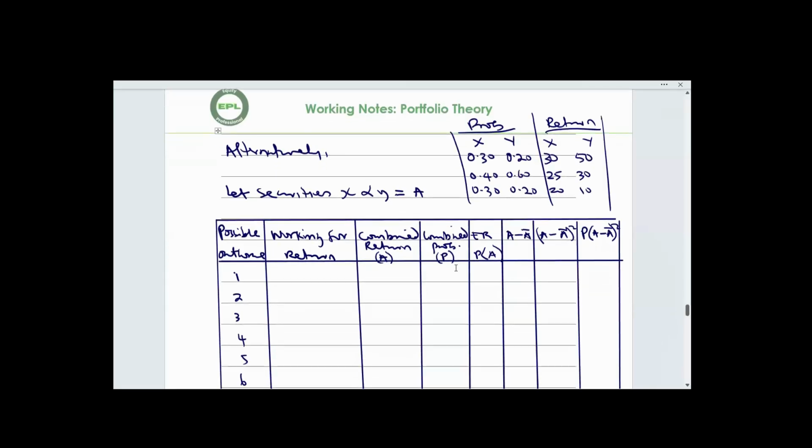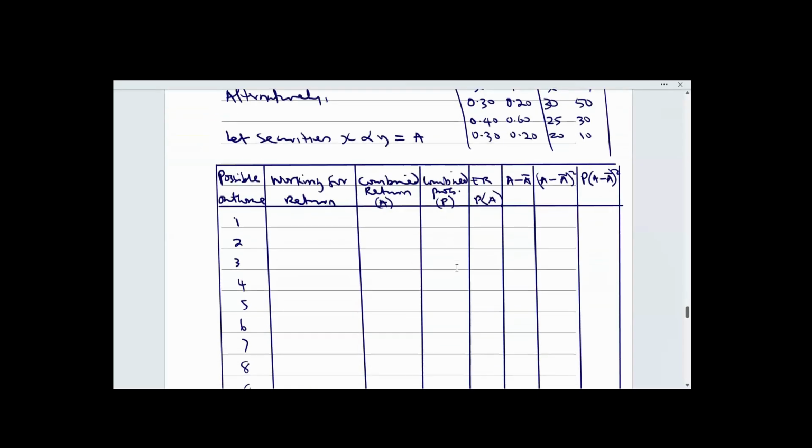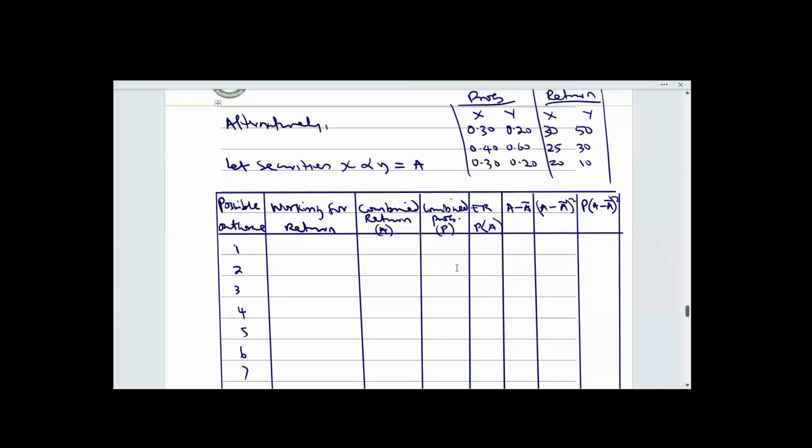Now, pay attention. When you want to determine the portfolio return and the standard deviation of the portfolio using the tabular method, you are supposed to keep the return of one security constant and you vary the return of the other security. Let's keep the return of security X constant and vary the return of security Y. Whichever way you want to do, you are going to get the same answer.